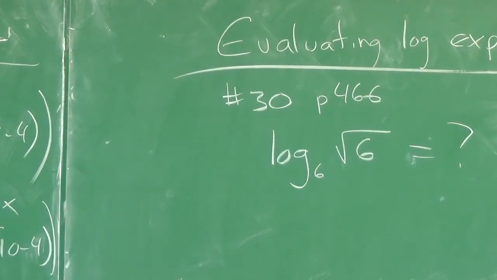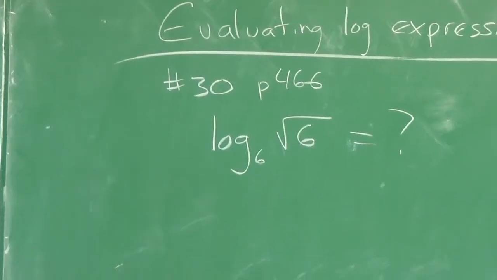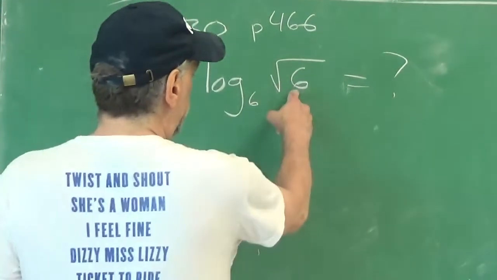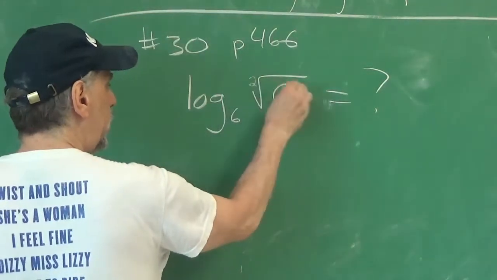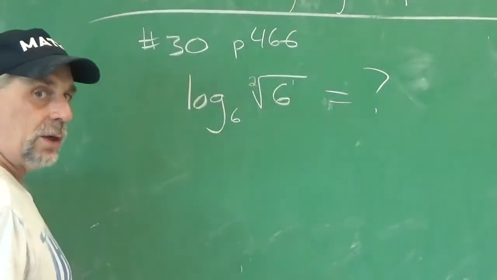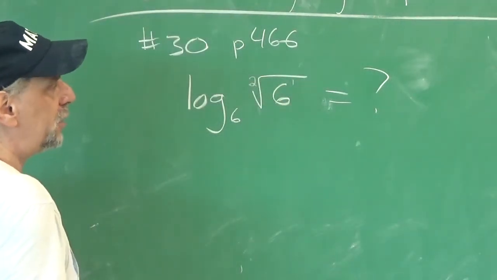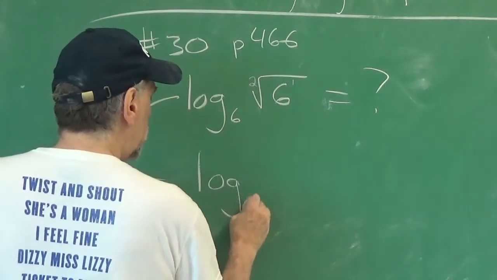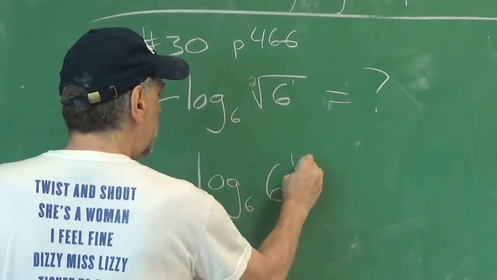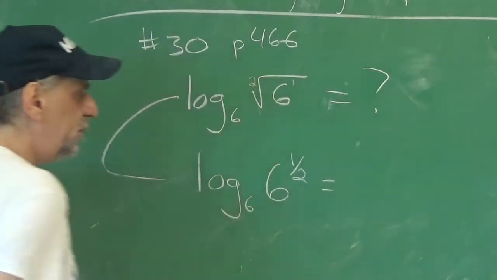And we can change that radical to a fractional exponent, right? So we use our properties of rational exponents. We know there's a 2 here. There's a 1 here. We don't see those when it's a square root or an exponent of 1. But we know we can write this as logarithm base 6 of 6 to the 1/2.